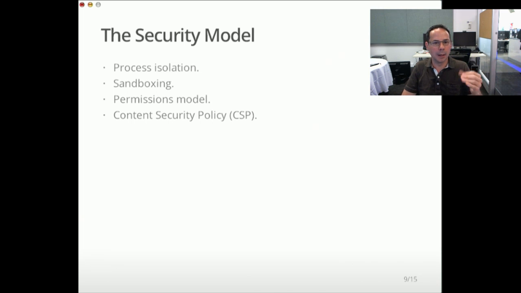Typically, on any page, if you don't have any content security policy rules in place, you could put script inline in your HTML, you could do evals, you could do all kinds of things that we're used to doing.